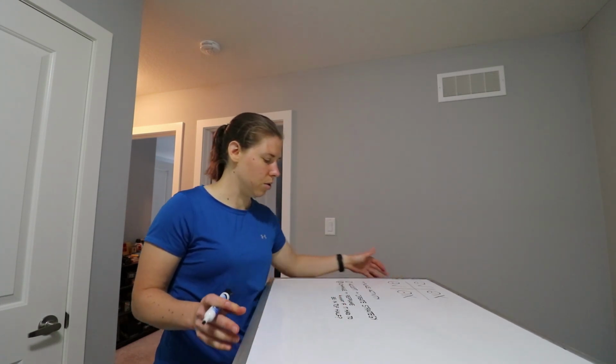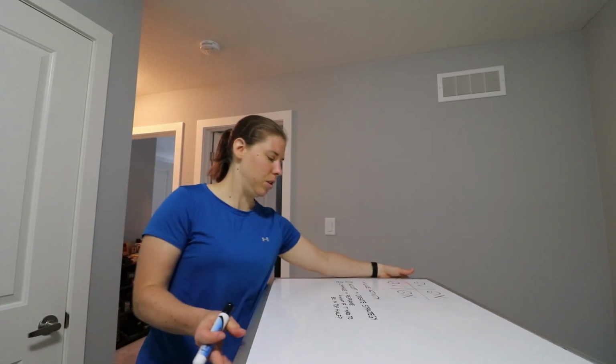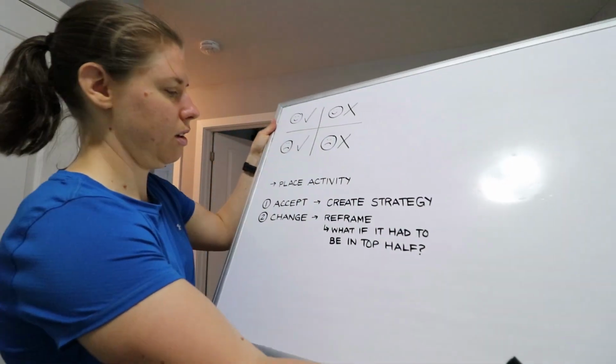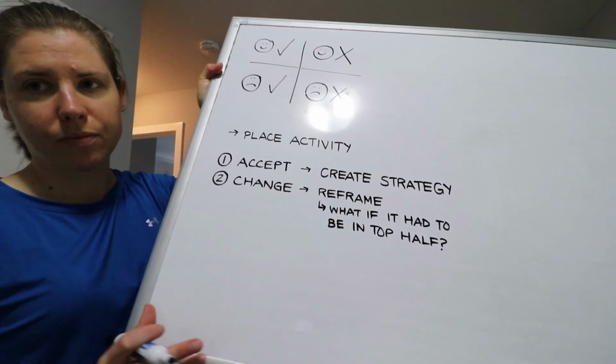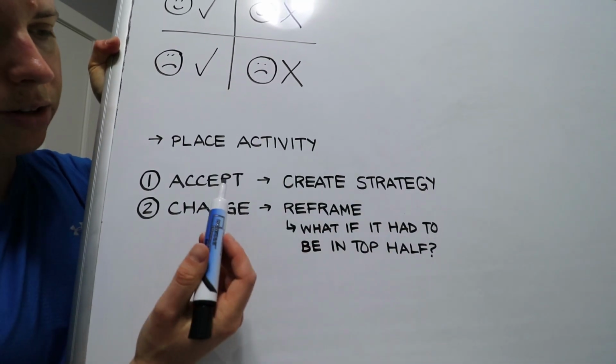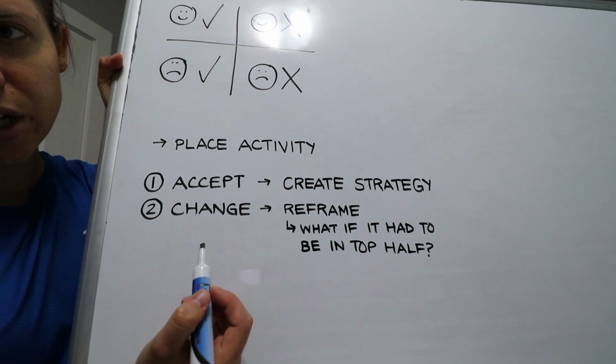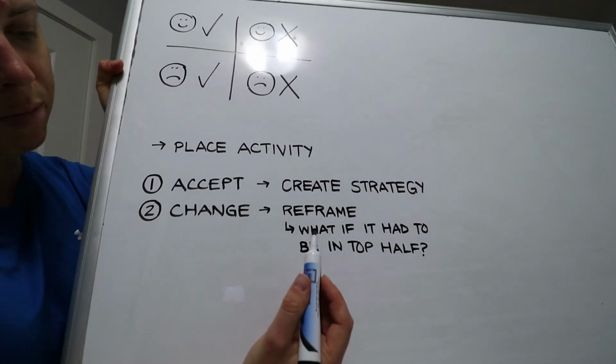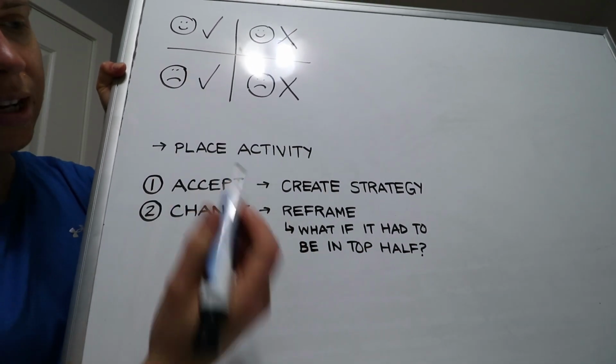All right, so reframing is one option for how to change. So we accept where it is and create strategies around that acceptance, or we try to change it and reframe maybe where it is.